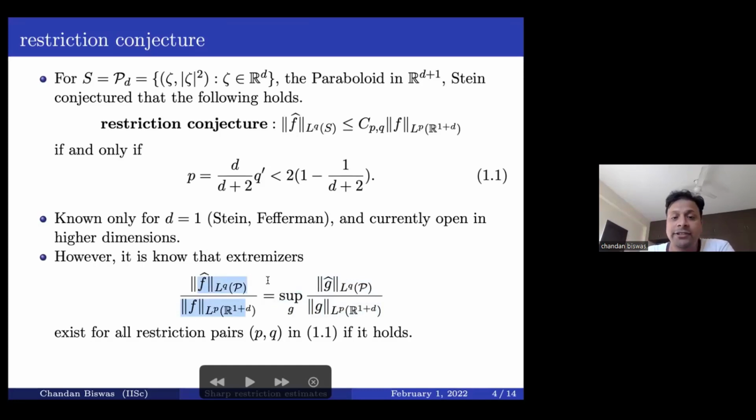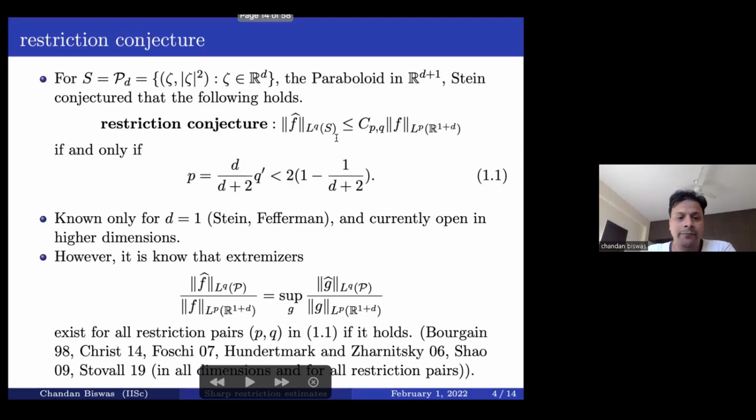It's known that an extremizer exists for this inequality for all restriction pairs p, q which satisfy this, if we assume that the Fourier transform maps L^p to L^q. This was proved by Bourgain in '98, and Michael Christ, Fossey, and many others in very special cases.